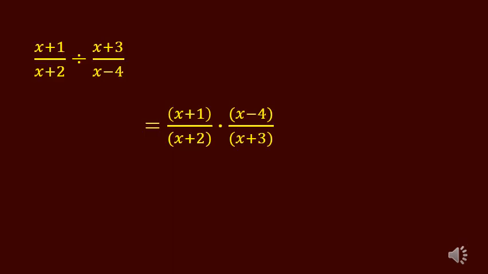The first step is going to be to flip the second fraction over and multiply. So it becomes x plus 1 over x plus 2 times x minus 4 over x plus 3. There's nothing to cancel, so all I do is multiply, and our final answer is going to be x squared minus 3x minus 4 all over x squared plus 5x plus 6.